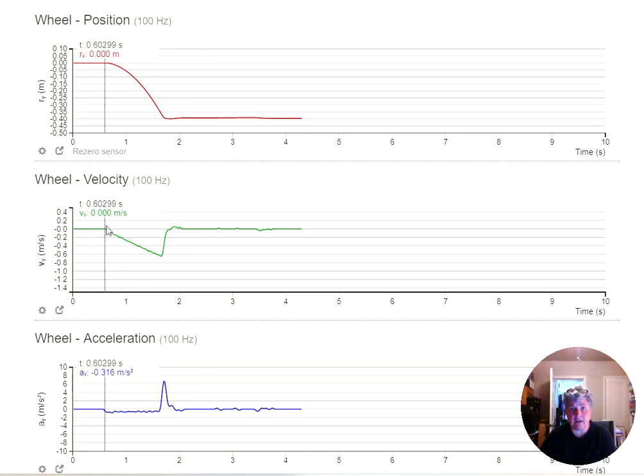So if we wanted to look at this, we can go here, where my initial velocity is 0, and my initial time is at 0.623 seconds. And so my initial point on that graph is 0 meters per second, 0.623 seconds.